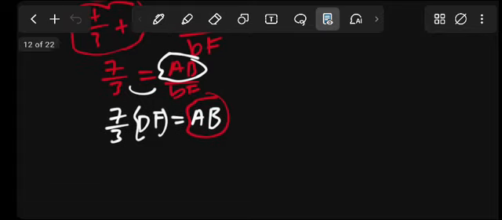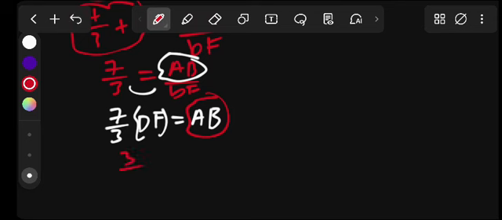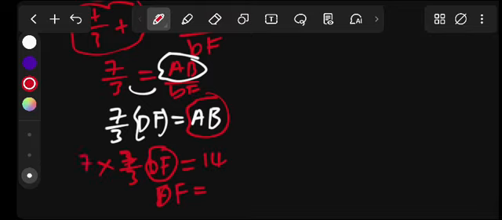Alright, so this is 7 over 3 DF is equals to, we've been given that, which is our 14 there. Now I want DF by its own, it will be equals to what? I'll multiply by the reciprocal. Reciprocal will be 3 over 7. 7 cancel, and 3 and 3 will cancel.